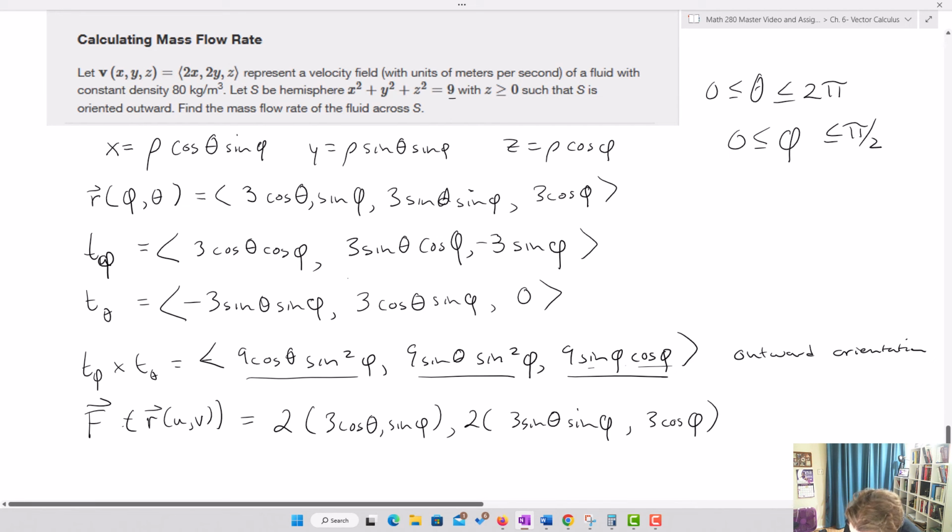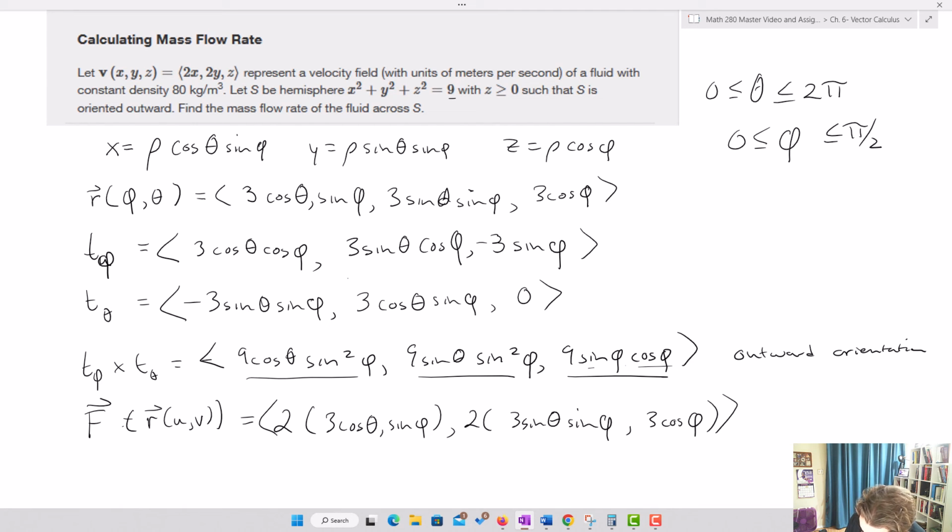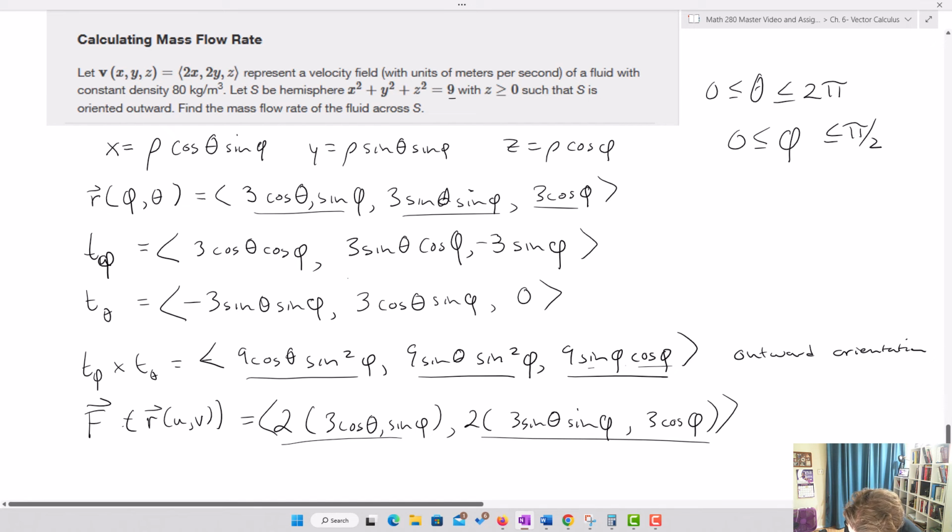So we plug our parameterization into our vector field, and what we end up with is our force, our vector field under the parameterization R of UV.